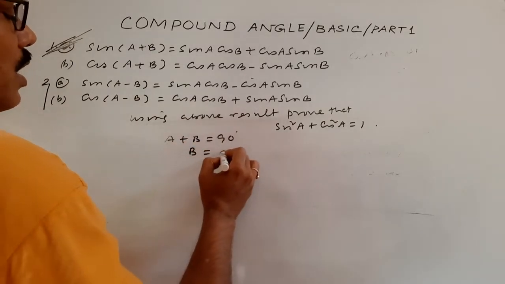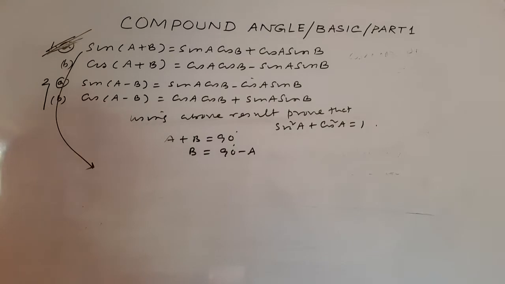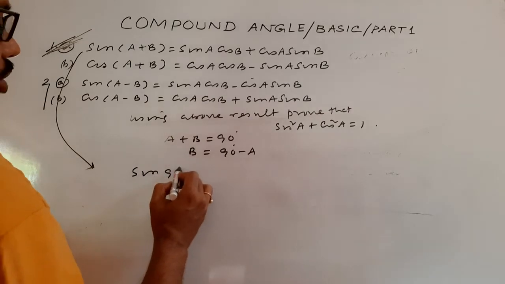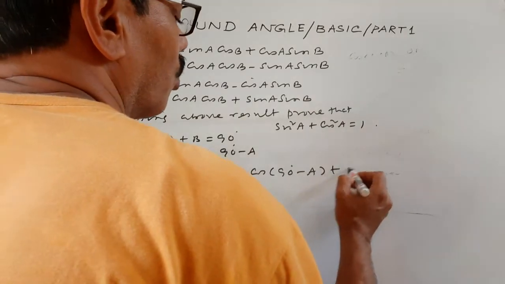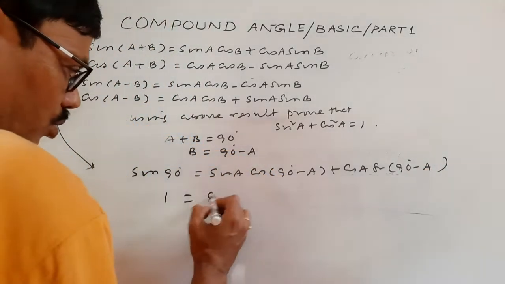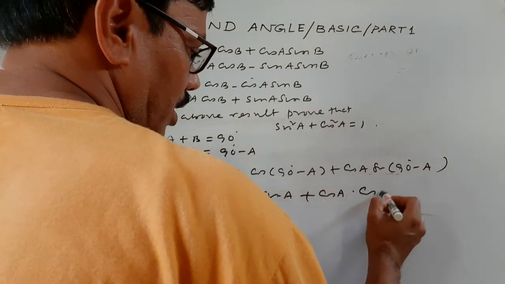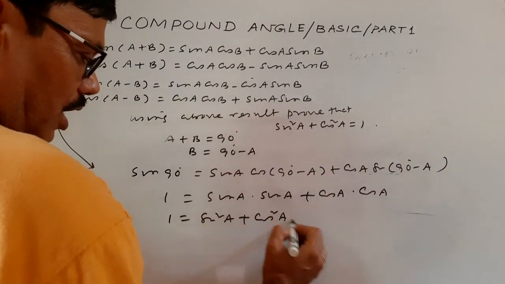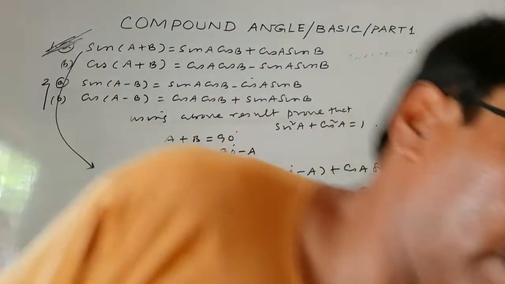Now B is not present, so B is 90 minus A. So putting B equals 90 minus A in 1, we are getting sin 90 equals sin A cos(90−A) plus cos A sin(90−A). So 1 equals sin A into sin A plus cos A into cos A, so sin square A plus cos square A equals 1. So this is a consequence of the above result.